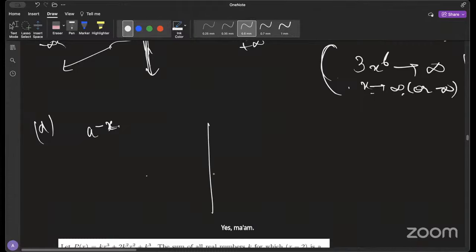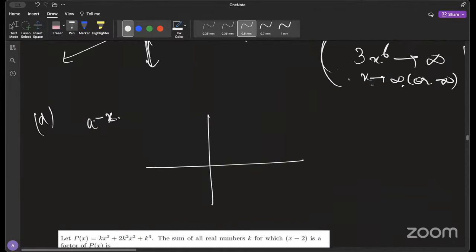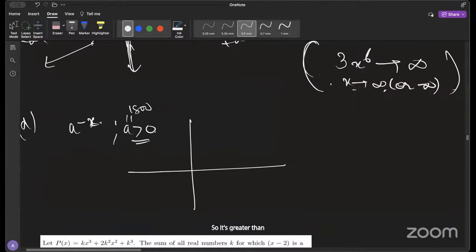The graph of a to the power x, where a is greater than 0, because a is 1800, which is obviously greater than 0. For a to the power x, where a is greater than 0, what does the graph look like? It looks like this. And we've already discussed this.